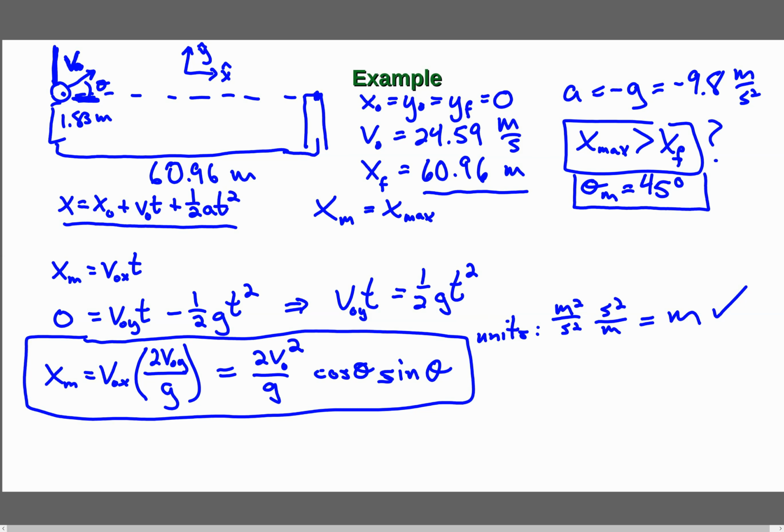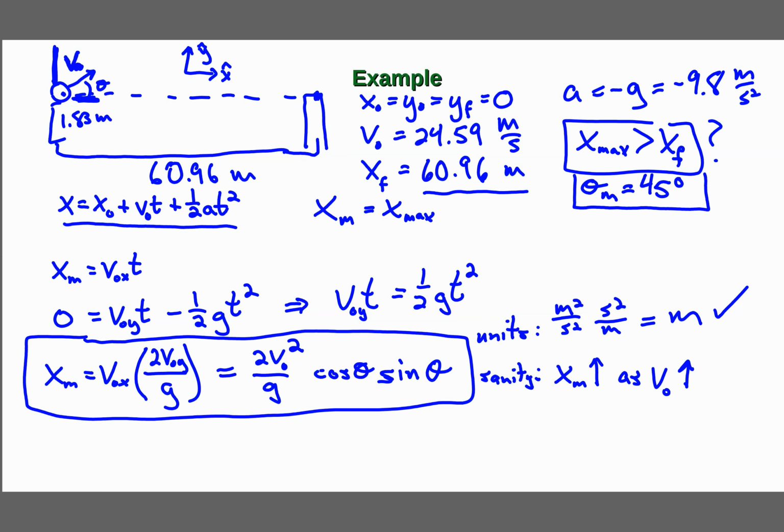So that works. Sanity check: xm increases as v naught increases. So if he could throw it harder, our equation says that he would throw it further. And that makes sense, right? If he can give the ball a bigger velocity at the beginning, he'll throw it further.